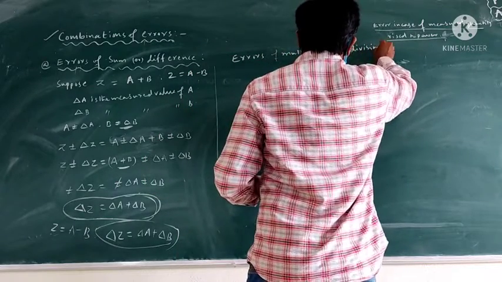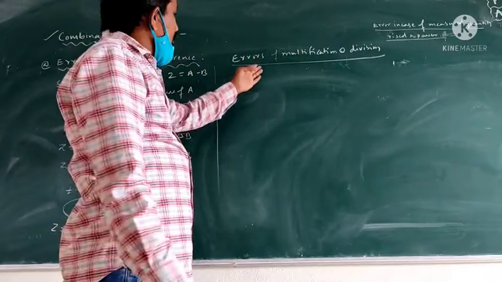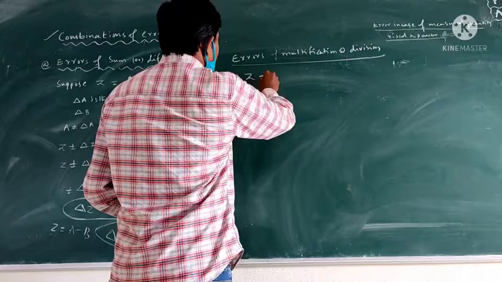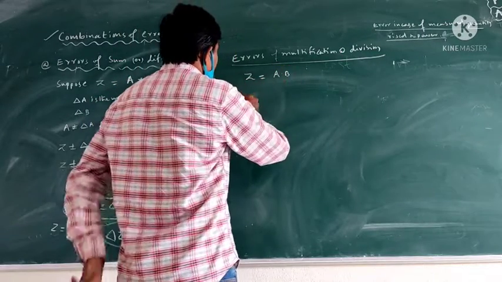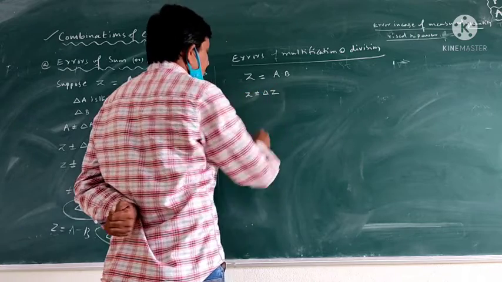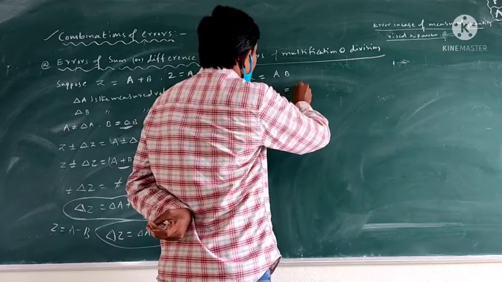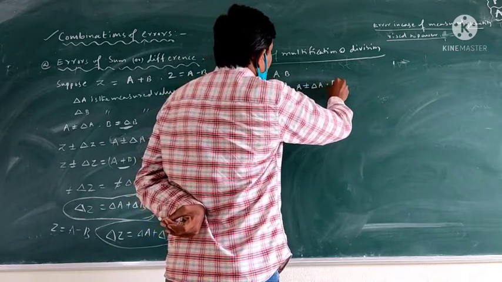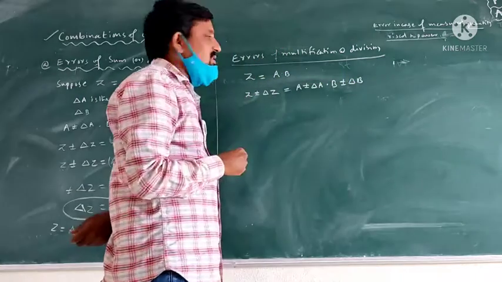In the case of multiplication and division, for example, if you take one physical quantity Z, Z is equal to A into B. The absolute error in Z is plus or minus delta Z, the absolute error in A is plus or minus delta A, and the absolute error in B is plus or minus delta B.